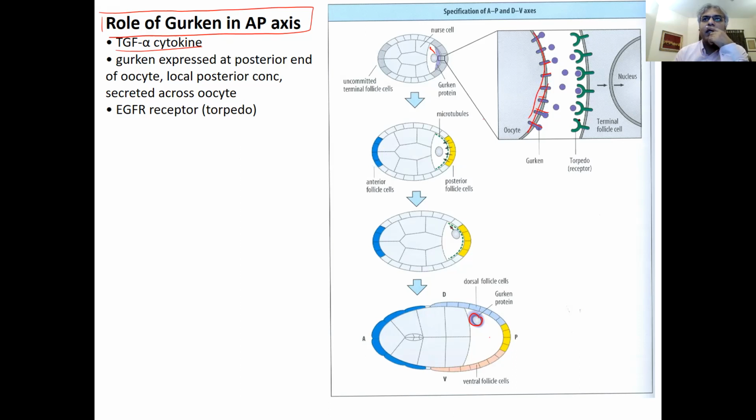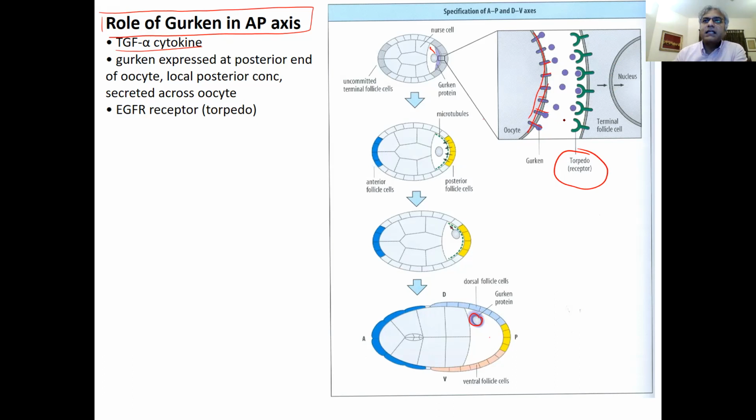You have then the follicle cells, which have the receptor for Gurken, which is called Torpedo, an EGFR, EGF receptor.